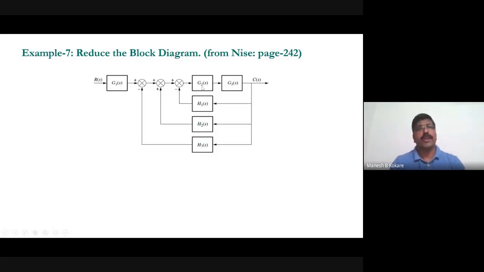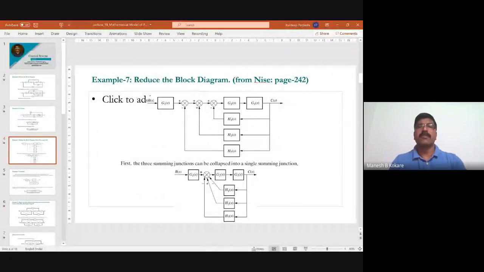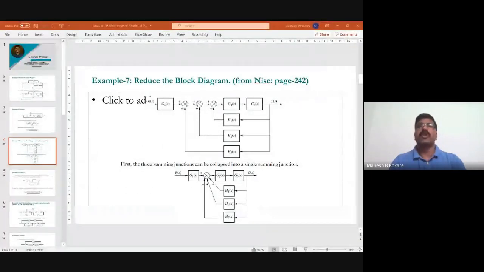First you have to find whether two blocks are connected in cascade, then whether two blocks are in parallel, if not then whether two blocks are in loop, and so on. Like that you have to find out all those things, and then you can take the decision or reduce that one into a single block and so on, right?